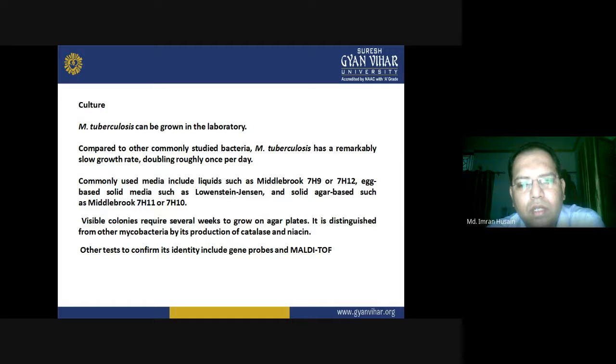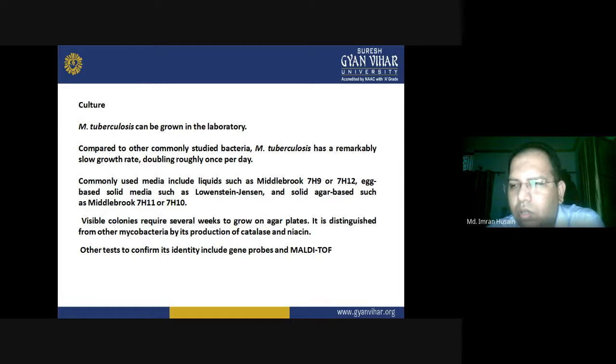Visible colonies require several weeks to grow on agar plates. It is distinguished from other mycobacteria by its production of catalase and niacin.